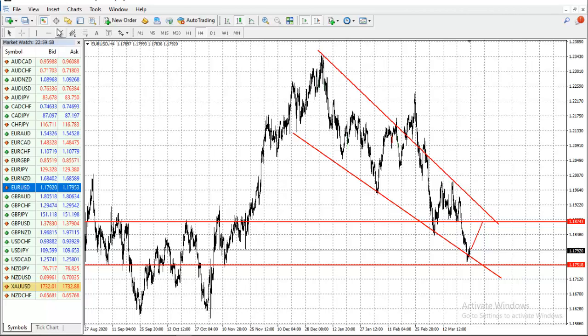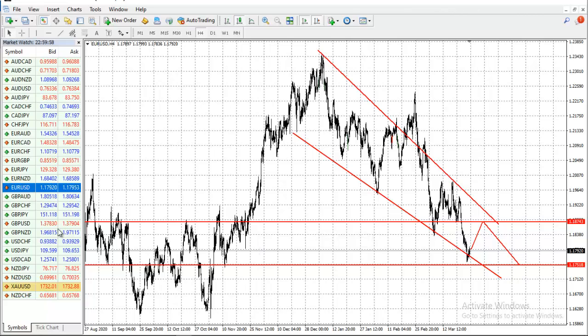It's not necessarily the day the market opens that it will rise. It could be the second day or the third, before the market moves downward. So on Euro USD, we should be expecting a sell.